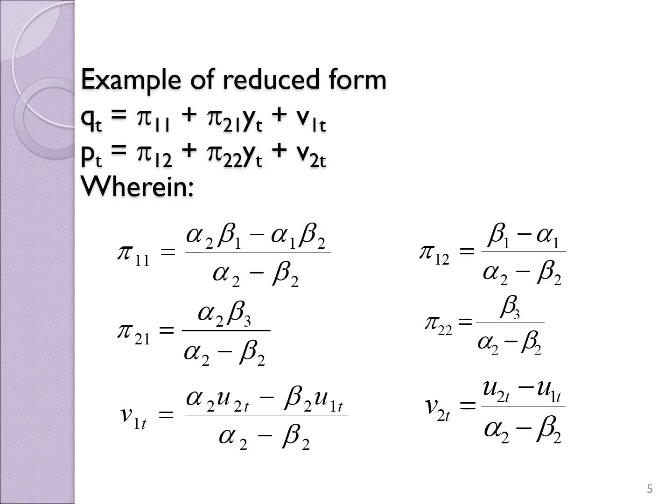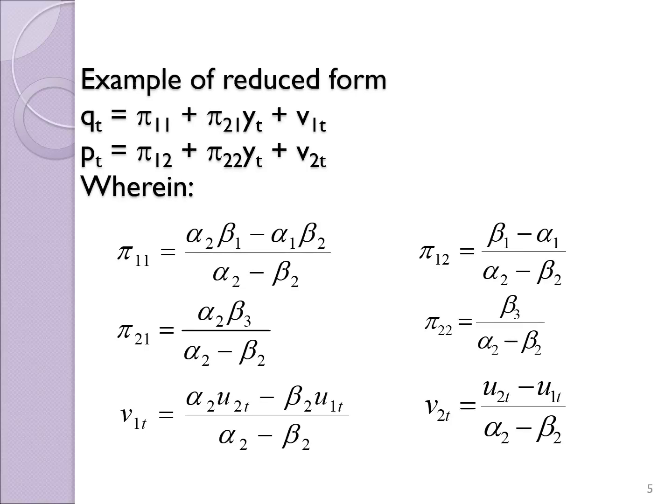It is just a function of the exogenous and predetermined variables, in this case only income y, and we also have a second equation, pi_12 plus pi_22 y_t plus v_2t. This is a second equation which is telling us how p_t, the price, behaves. We have then two equations, one for quantity, one for price.